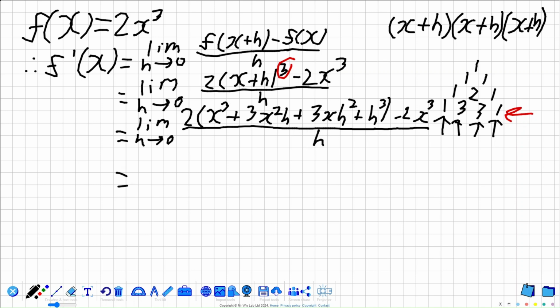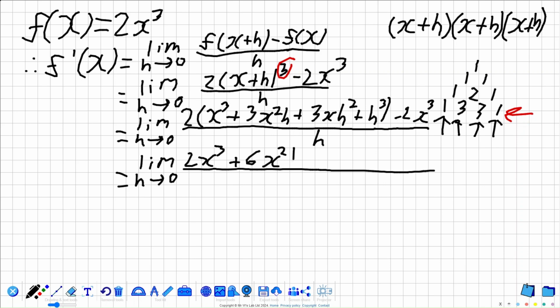And then we can start to evaluate this more, adding the 2 that we have there. So lim h approaches 0, evaluate all this, we'll have 2x to the power of 3 plus 6x squared h plus 6x h squared plus 2h to the power of 3 minus 2x to the power of 3, and over h obviously.